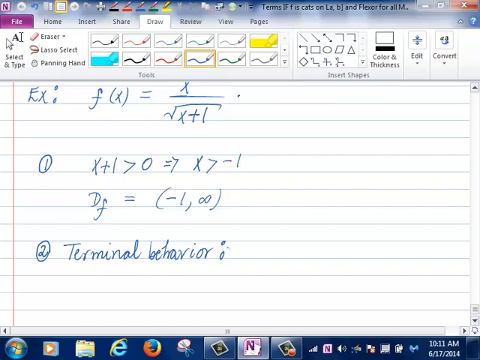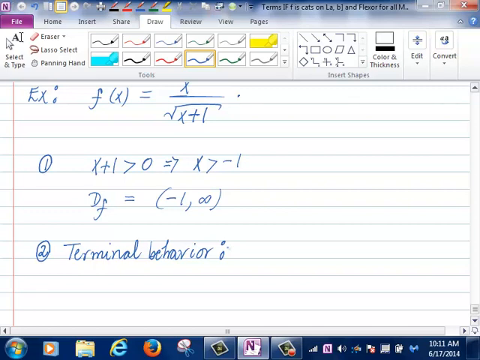So I want to know how the function behaves near negative 1, but on the right side of negative 1, right? Because on the left side of negative 1 there is no graph, because the function is undefined there. So I need to know what is happening at negative 1 from the right side. And also I want to know when x goes to infinity, what is happening to the function.